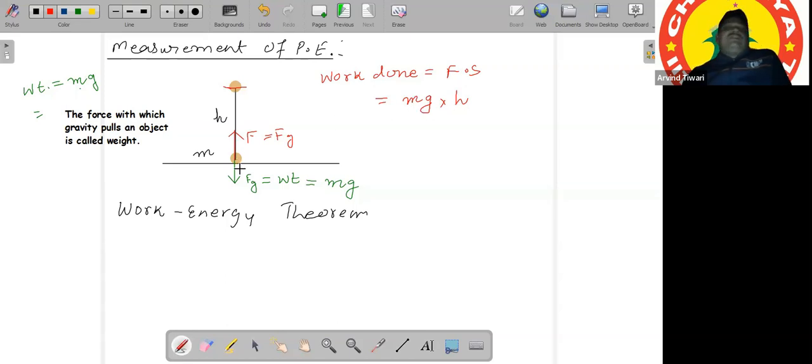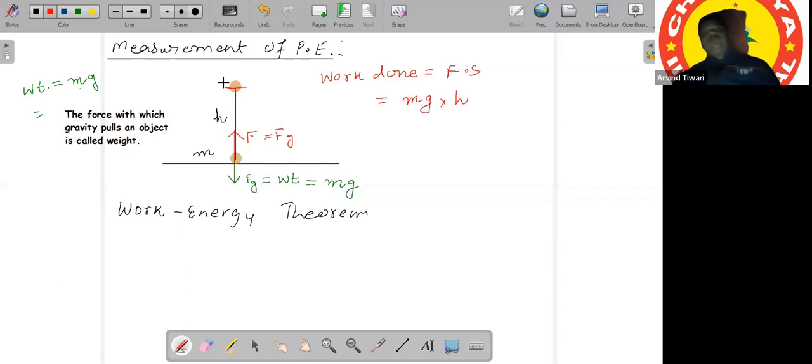I have done some work on the stone. So my work is getting converted into energy, and whatever work I have done is stored in the stone in the form of potential energy. Therefore, the same amount of work can be done by the stone at any point of time.